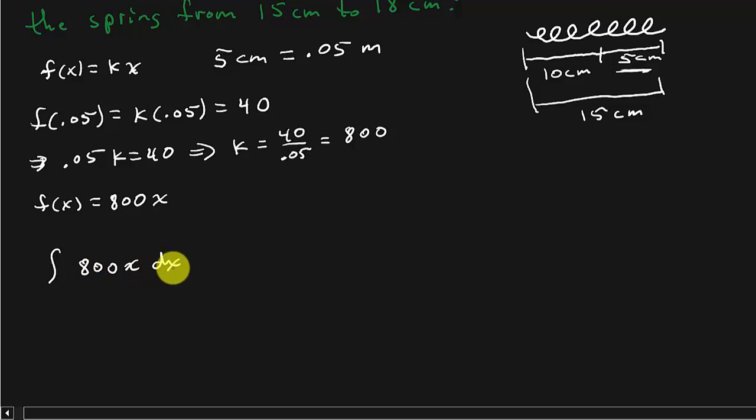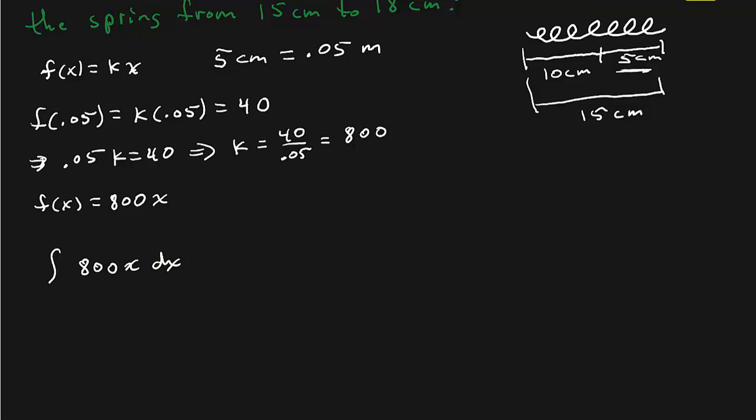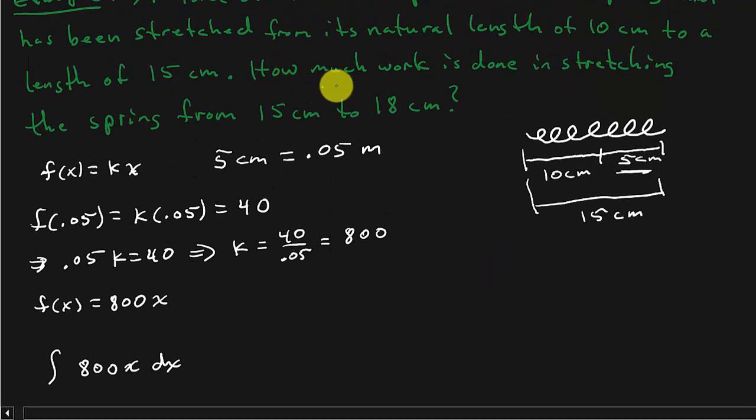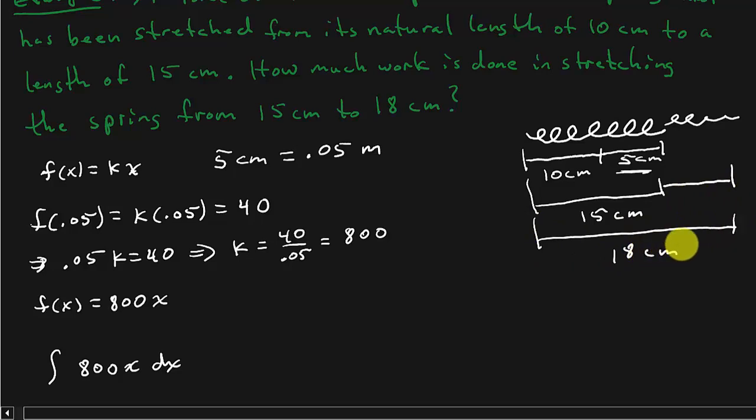Now, what's going to be the limits on our integral? Well, what does it say here? It says how much work is done in stretching the spring from 15 centimeters to 18 centimeters. So you can see here we want to stretch this all the way out to 18 centimeters.